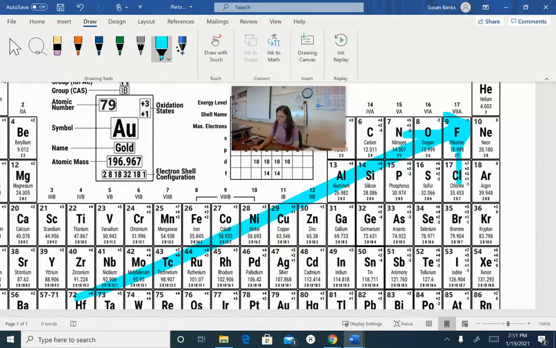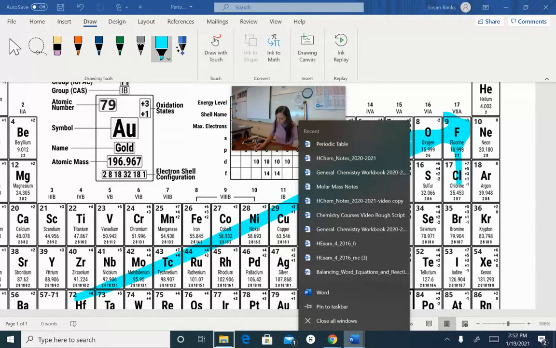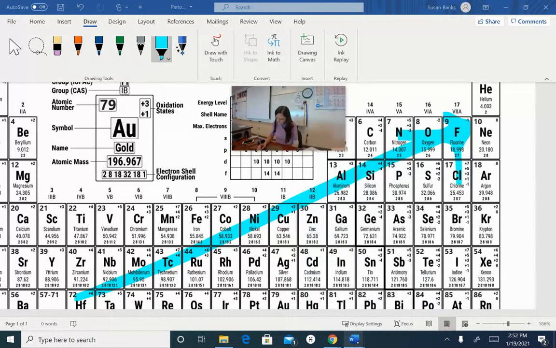Nitrogen, oxygen, fluorine, and chlorine are our most electronegative atoms on the periodic table. The further down to the left you go, the less electronegative we have, okay? There are electronegativity tables in your workbook, and you can also look them up. All right, so let's go back to our notes.